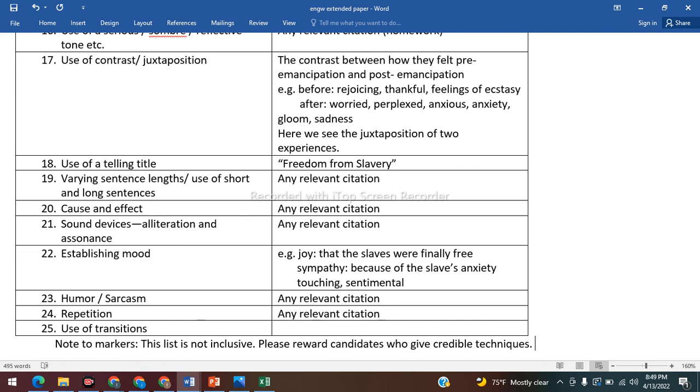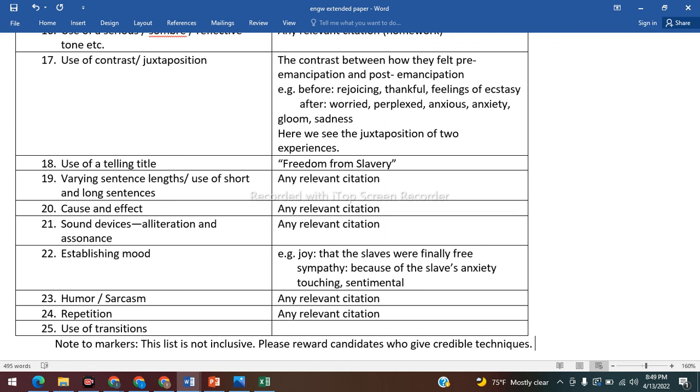Because the examiners, even though we make the mark schemes sometimes, and that's the reason why I hate language, I love math so much more, sometimes a candidate could establish a technique that we didn't even think about.